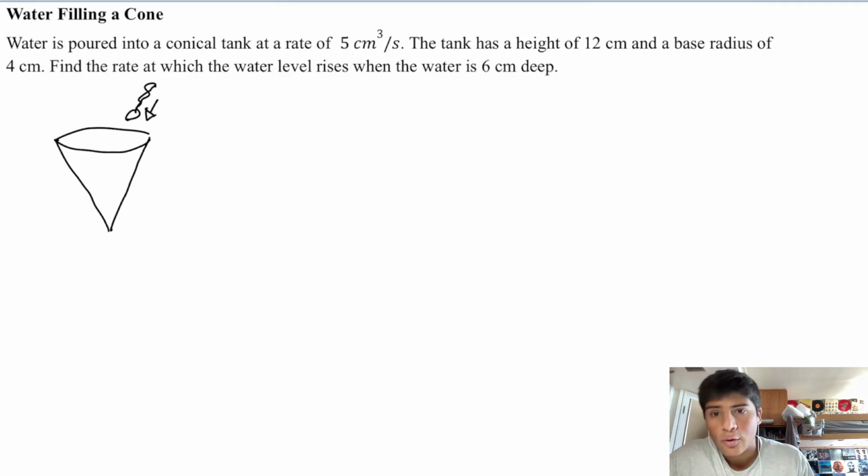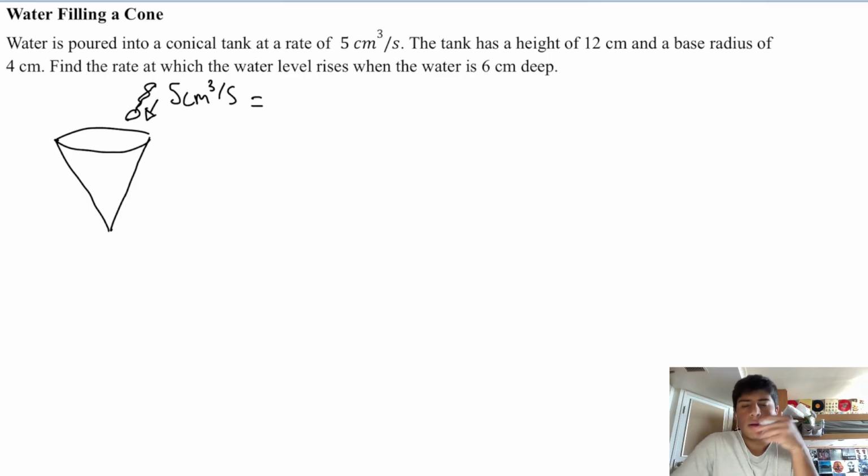And this is at a rate of 5 centimeters cubed per second. And what is this? Okay, so centimeters cubed, if something is cubed, that's going to be our volume. So rate of volume over time, dV over dt. Centimeters cubed is volume.